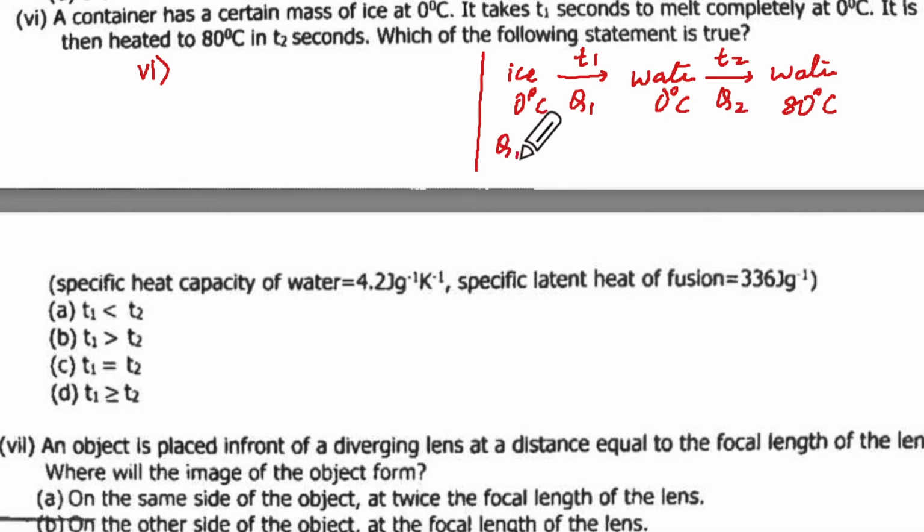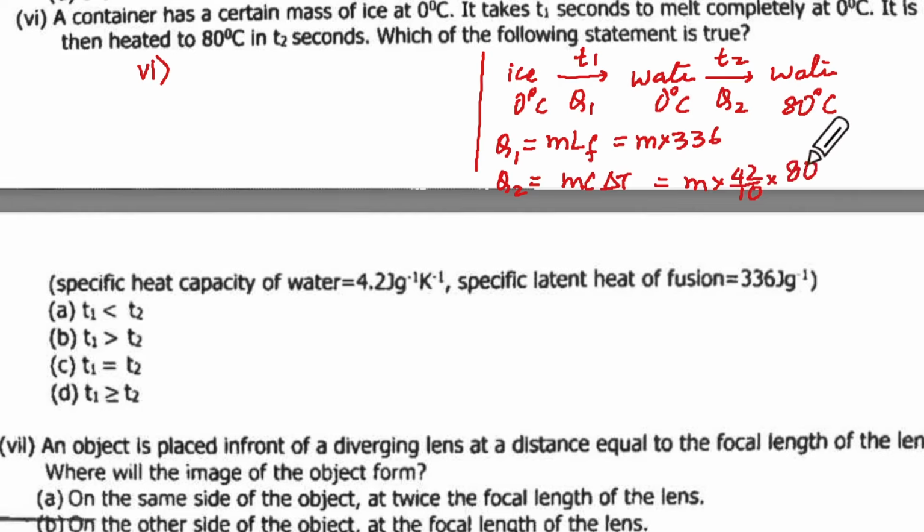How much will be your Q1? Q1 is going to be equal to MLF, correct? Which is equal to M into 336. Those many joules. And Q2 will be equal to MC delta T, which will be M into 42 upon 10 multiplied by 80. So that will be M multiplied by 8 to 16.